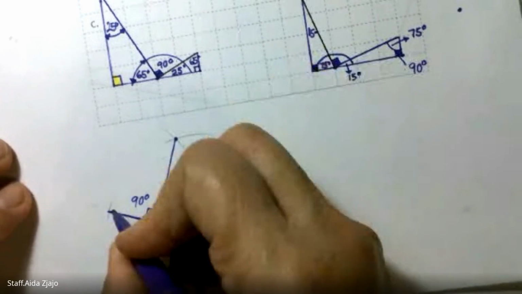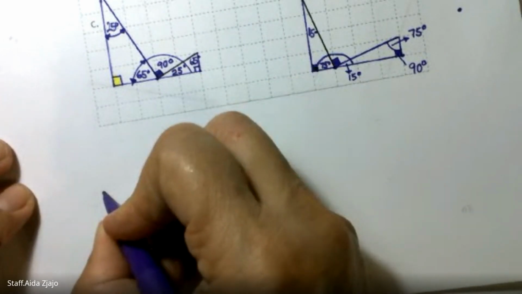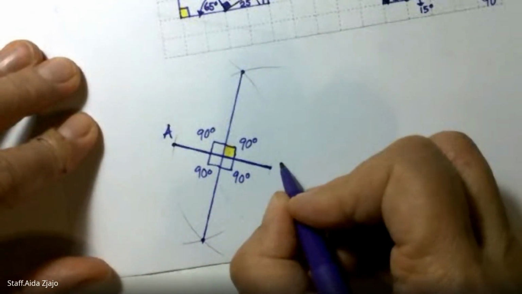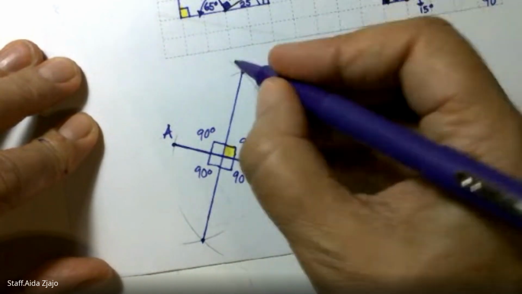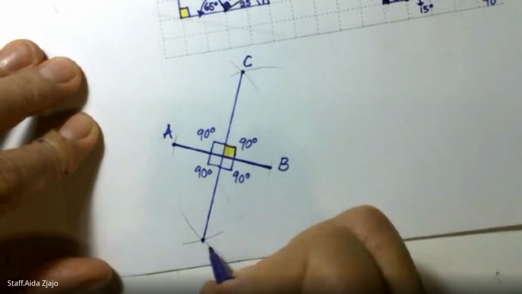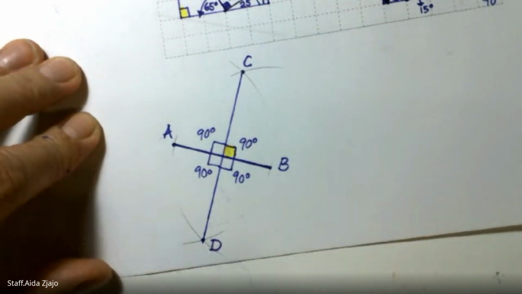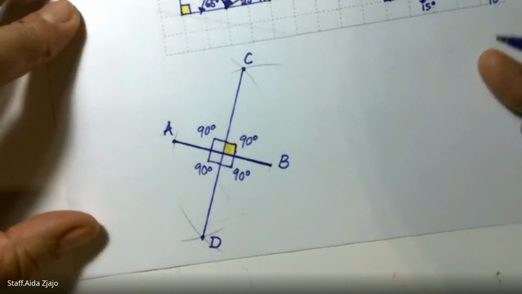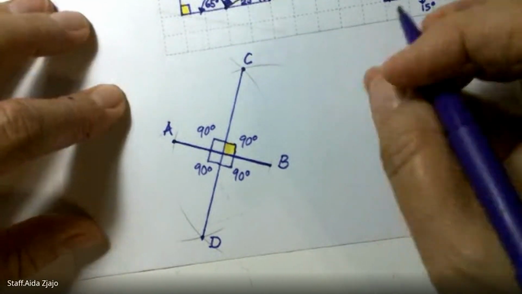Let's label this point A, and this point B. This could be C, and this could be D. So now I have labeled the line segments, so I can use the notation.